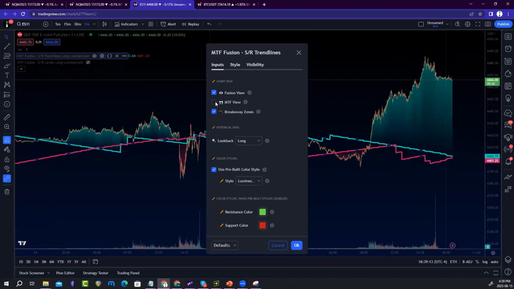So you can turn on MTF View, you can highlight breakaway zones or not, change your look back, turn on the Fusion View or not, and change, of course, the color themes to whatever you would like them to be. Now, with SR trend lines, when you first apply the indicator, I'm going to reset the settings. It looks like this.